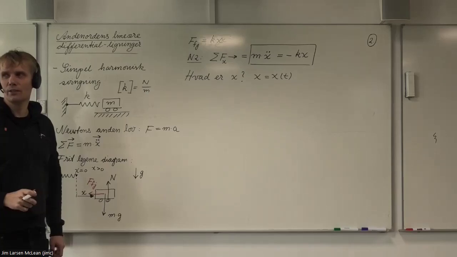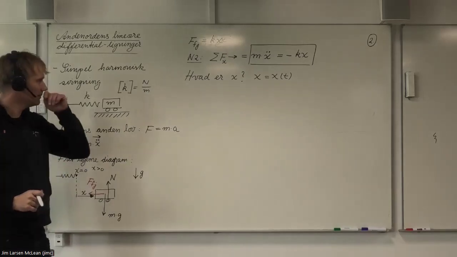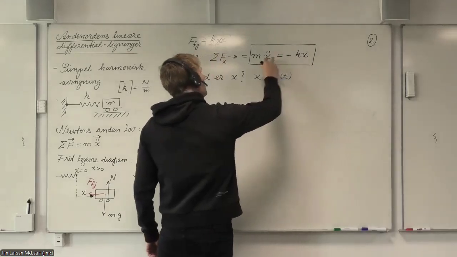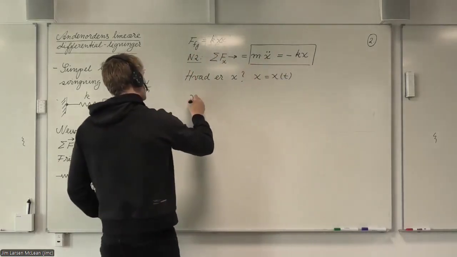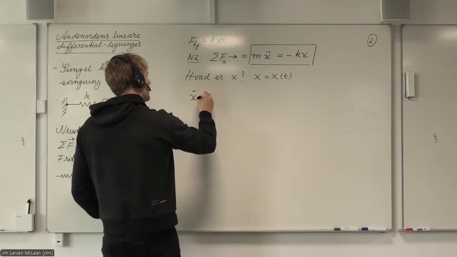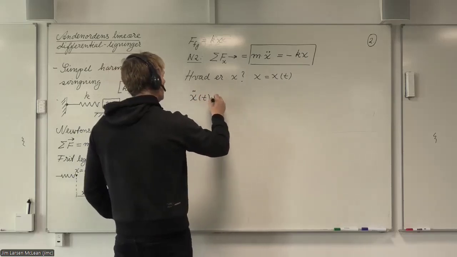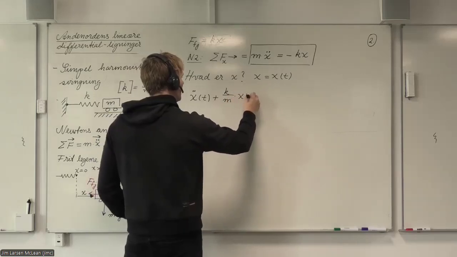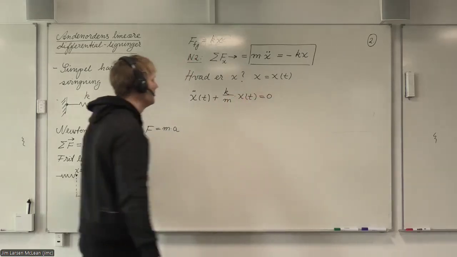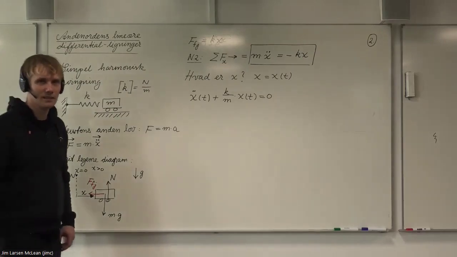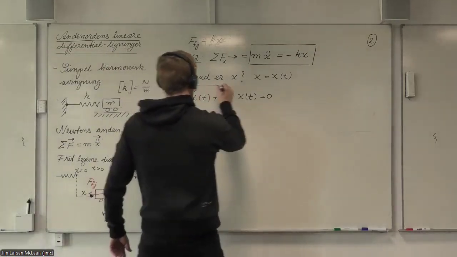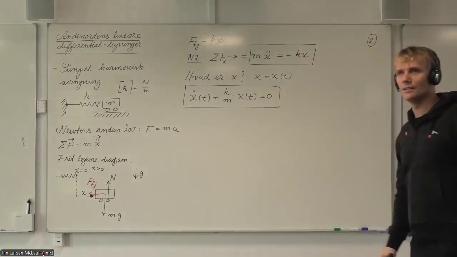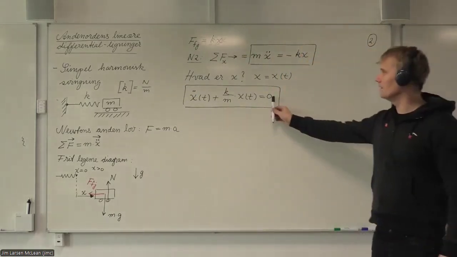And that means if I just divide this equation by m and move it to the other side, it says x double prime of t plus k divided by m times x of t equals 0. And that's how you typically write that differential equation. So this is an example of a second order linear equation, and it is homogeneous.